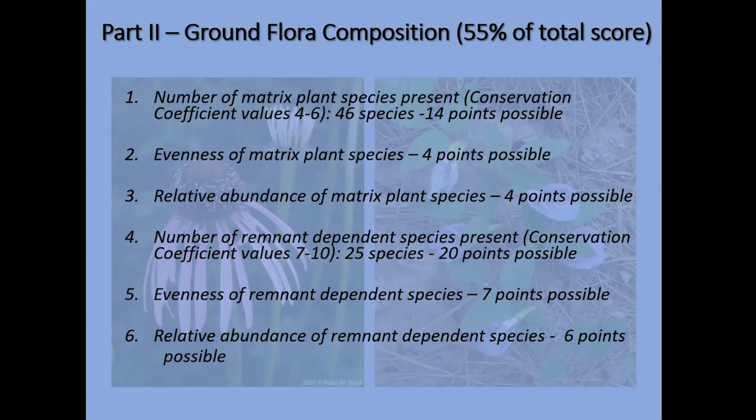So if you see a really, really high abundance of matrix plant species, that would drive up your points as well. And it's the same thing for the conservative species. So that'll be your 7 to 10 scoring species. And this does account for 55% of the total score. So keep that in mind. That's a pretty high portion of the overall CHI score.